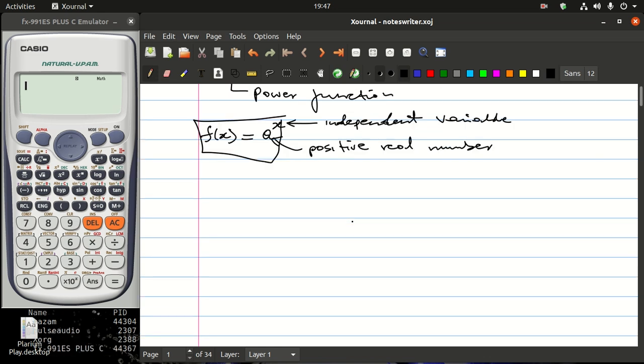Now let us take a quick analysis of this. We said that for the exponential functions, our a is greater than 0. So if a is greater than 0, whenever we have a, we are allowed to have any exponent x. We can have negative exponents, we can have positive exponents, and we can actually have 0.